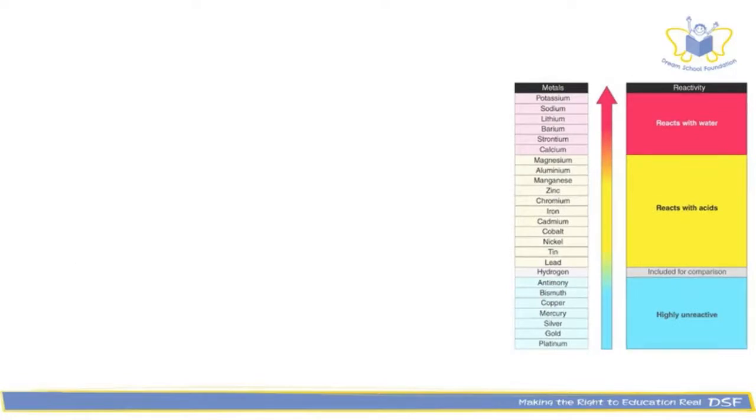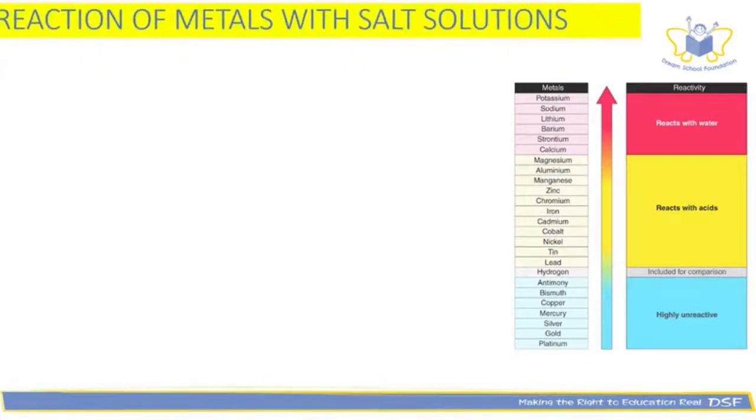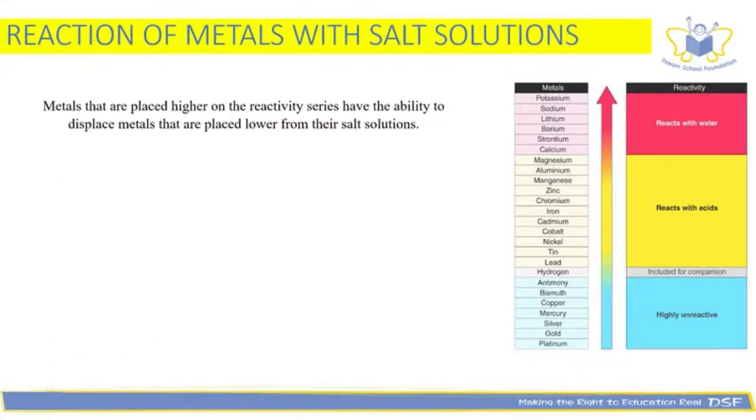Now let us see how metals react with salt solutions. Metals that are placed higher on the reactivity series have the ability to displace metals that are placed lower from their salt solutions. So basically what it is telling you is that if you take iron and place it in copper sulfate solution, iron will be able to displace copper.